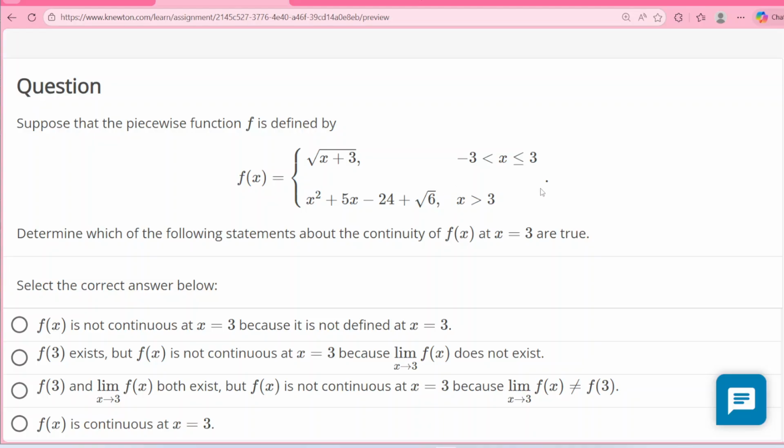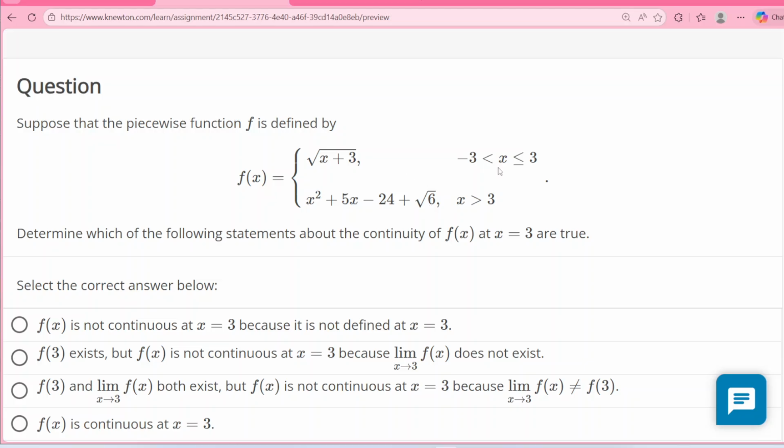If you did the left limit, you'd also be in the top piece. The limit as x approaches 3 from the left would be the square root of 6 again. For the right side limit, you'd be in this bottom piece, because x is greater than 3. Being a polynomial, I can just use the limit laws and basically boil down to a direct substitution. The limit as x approaches 3 from the right would be 9 plus 15, that's 24, minus 24 is 0, plus the square root of 6.